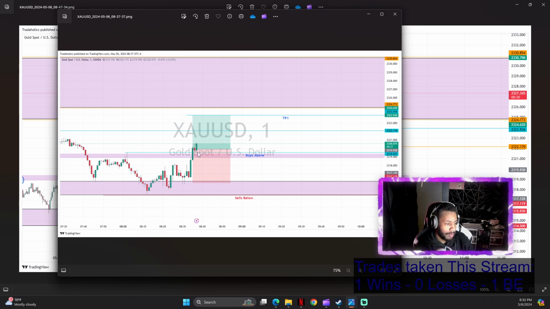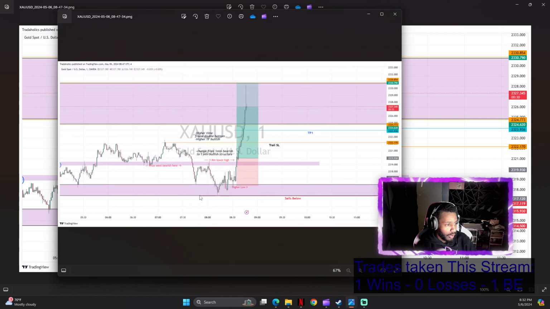Once the price came up, I took a screenshot of this, sent it into a group that I'm in, saying, look, I'm taking buys here. Not necessarily my paid signal group or another group like that, just a group that I'm in where traders send like-minded ideas. So this was the idea I had. Took my buy position here, and this was the after effect of the trade. As you can see, I annotated everything on the chart, that way whoever was clicking on my chart had an idea of what was going on.